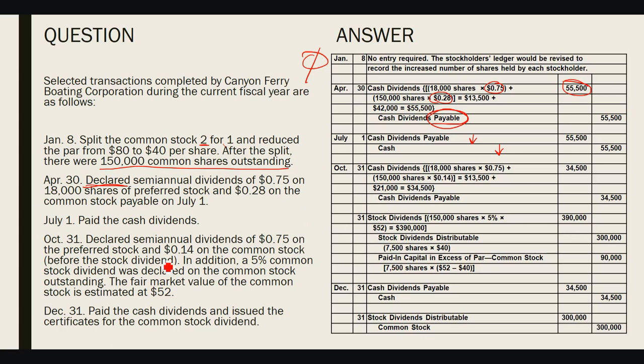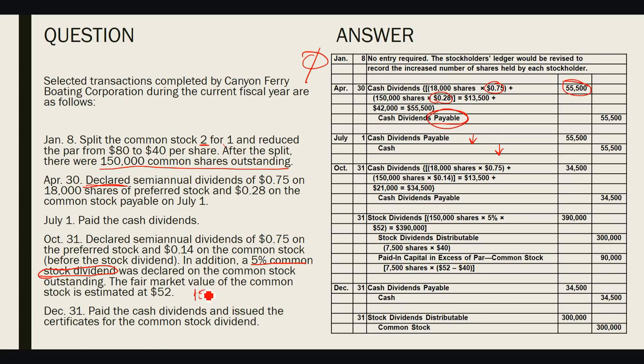75 cents for preferred stock and 14 cents on the common stock. In addition, and here's the kicker, we're doing a 5% common stock dividend. So remember, the shares outstanding at this moment, we are now up to 150,000 shares outstanding.